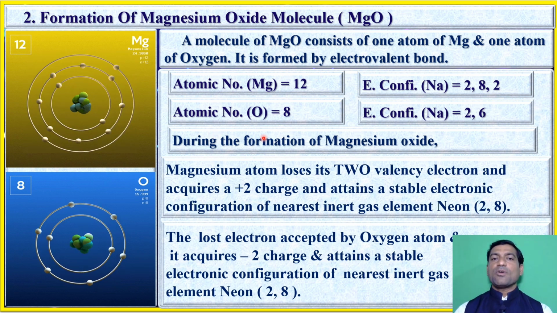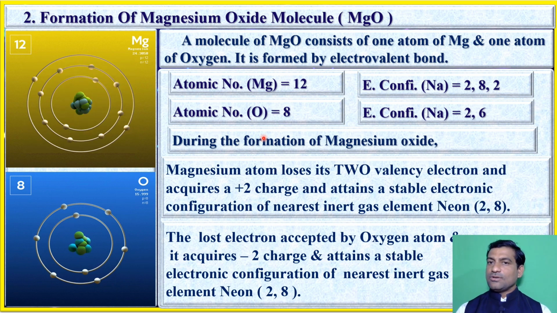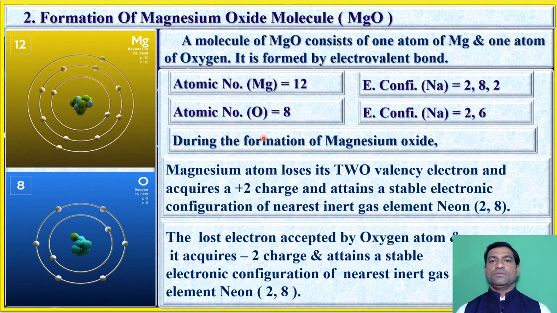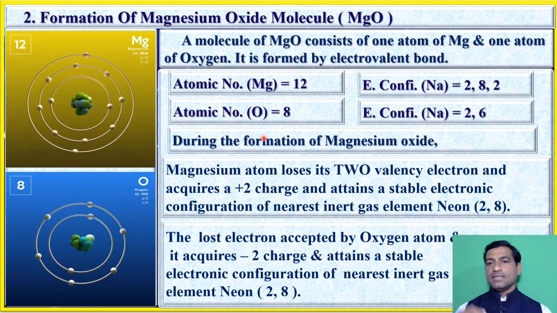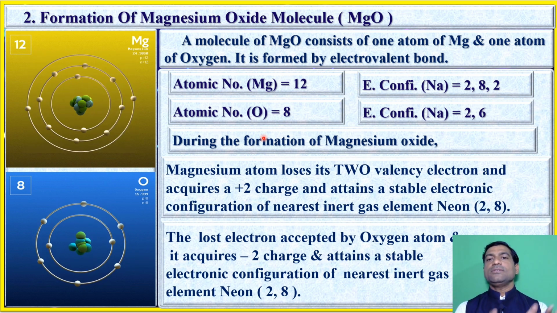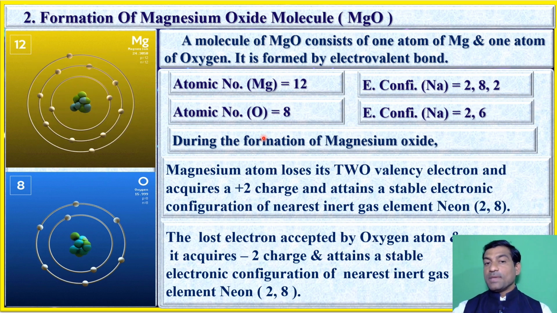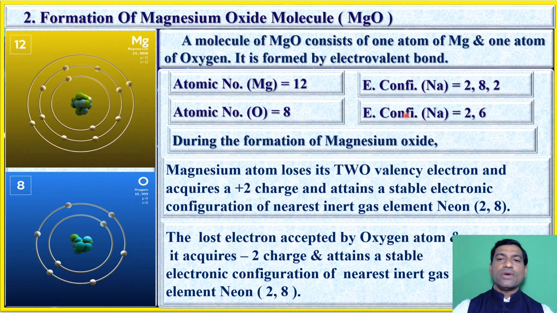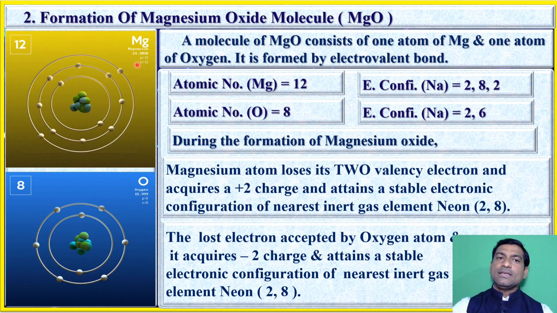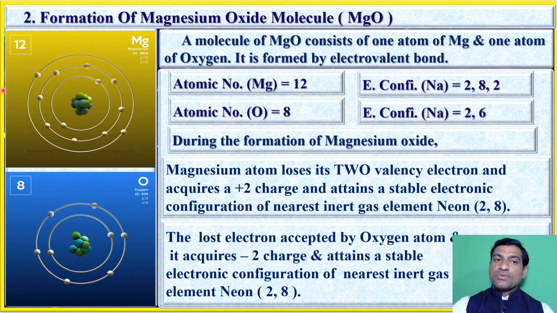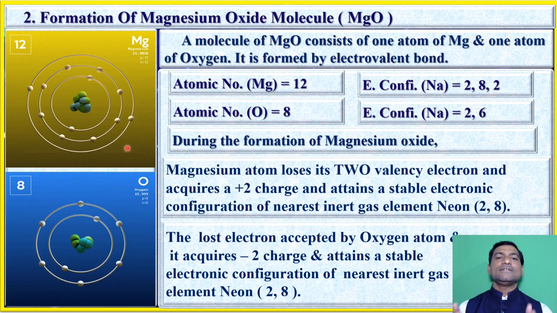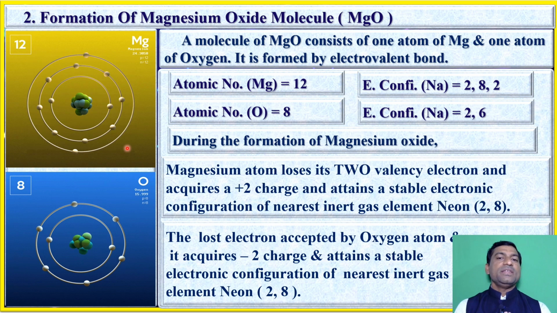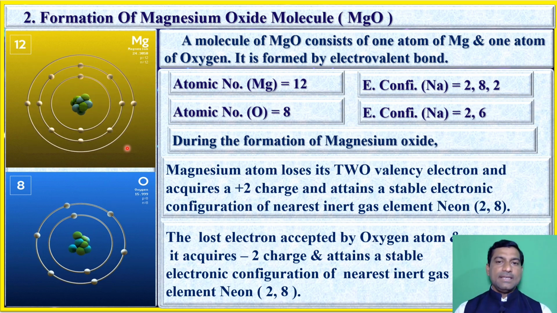Here the atomic number of magnesium is 12 and electronic configuration is 2, 8, 2. The atomic number of oxygen is 8 and the electronic configuration is 2, 6. During the formation of magnesium oxide, the magnesium atom loses its 2 valency electrons and acquires a dipositive charge and attains a stable configuration of the nearest inert gas element, that is the neon.